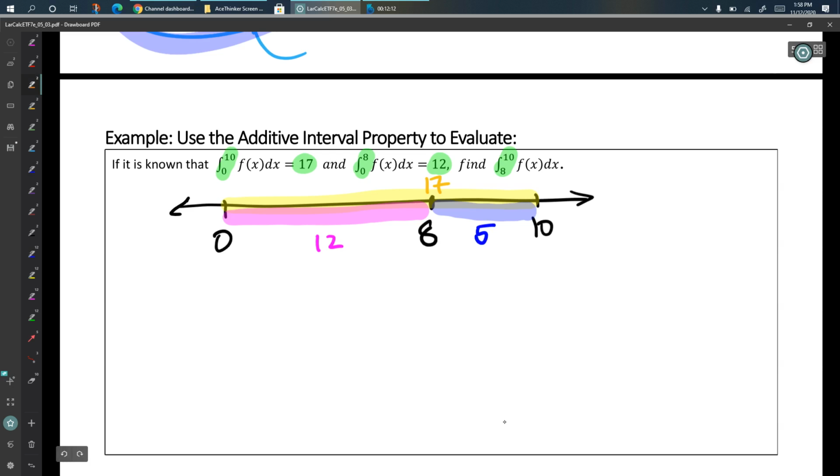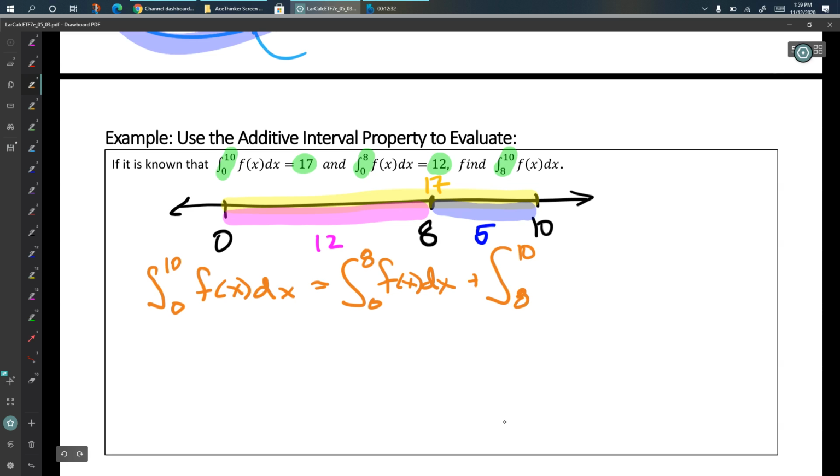Or, if you want to see it mathematically, the integral from 0 to 10 of the function f of x dx is going to be equal to the integral from 0 to 8 of the same function f of x dx plus the integral from 8 to 10 of the function f of x dx. 17 equals 12 plus I don't know.